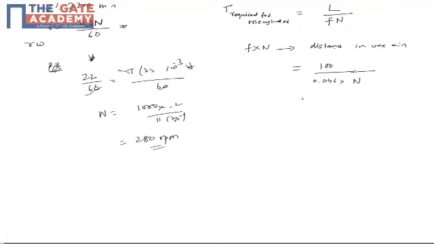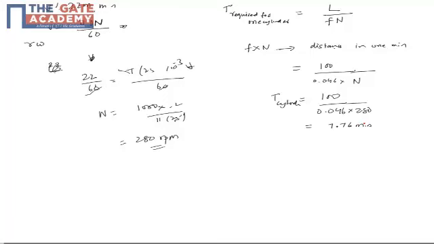If I substitute here I get 100 by 0.046 into 280 rpm. This gives the time required for turning one cylinder to be 7.76 minutes.